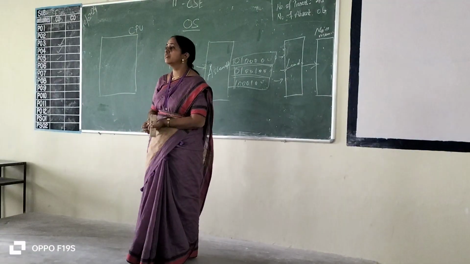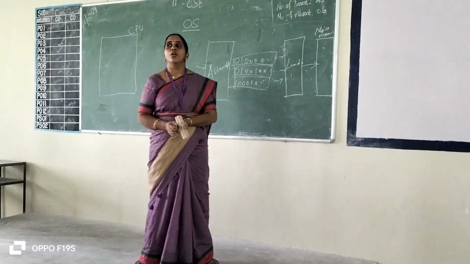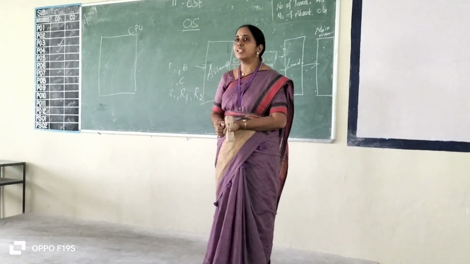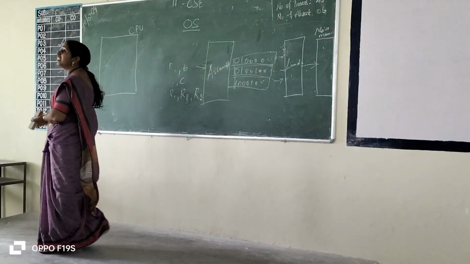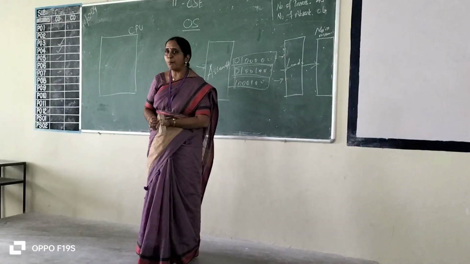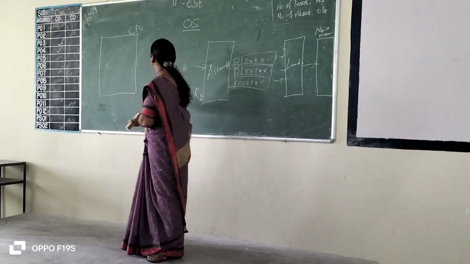Control unit. Registers. Program counter. Memory address register. Memory buffer register. Instruction register. Okay. So these are the various components available within the CPU.